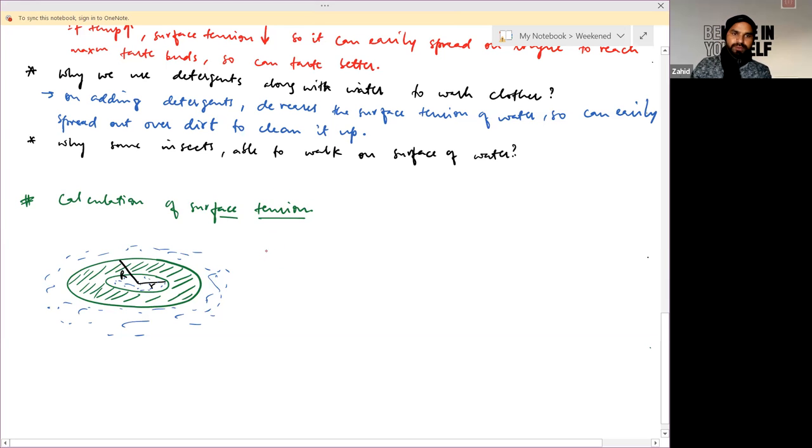And it will be equal to force divided by the length of the interacting boundary.